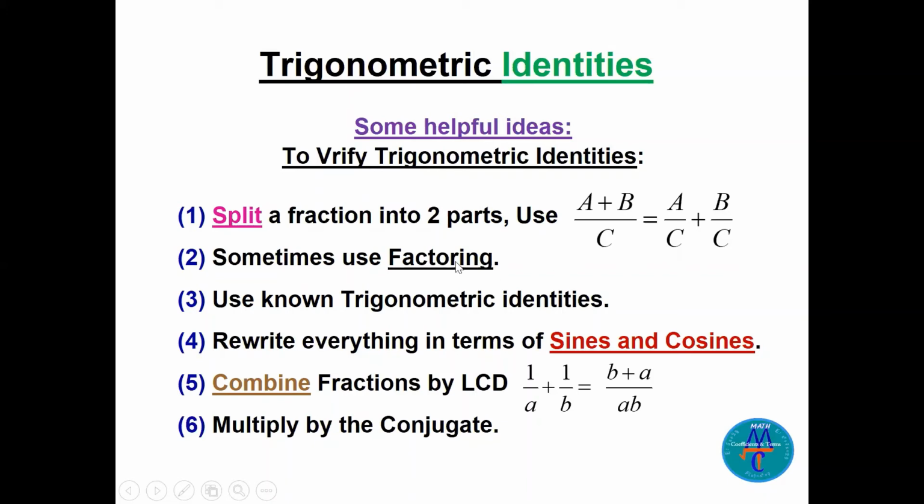Sometimes we can use factoring. We will see many examples now. You can change everything to sine and cosine. That's number 4. Number 3, you can use any trigonometric identity formula. Then you can add or subtract the fractions, combining them. And also we can multiply by the conjugate if you have a fraction. I will show you one example on that, number 6.